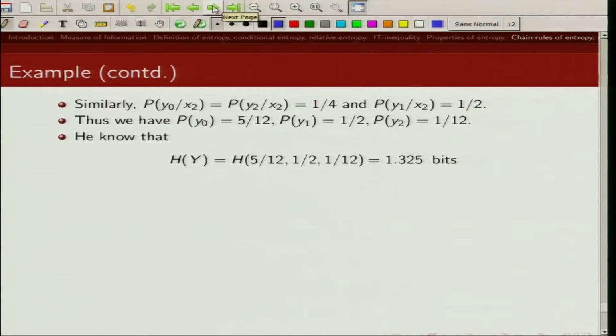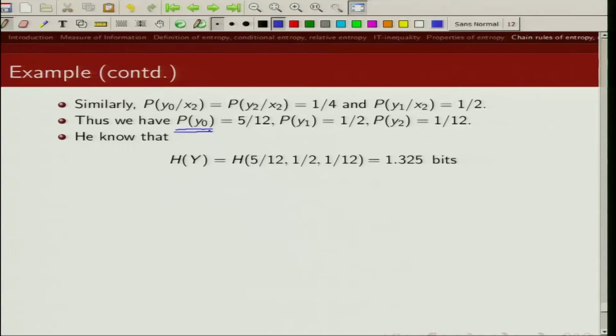So now that we know the probability of getting xi and the probability of getting yi given xi, we can find out the probability of getting y0, y1 and y2. What is the probability of getting y0? That is the probability of x1 into the probability of y0 given x1, plus the probability of y0 given x2 into the probability of x2. Similarly, we can compute p of y1 and p of y2.